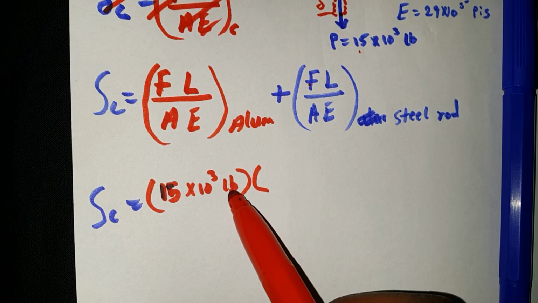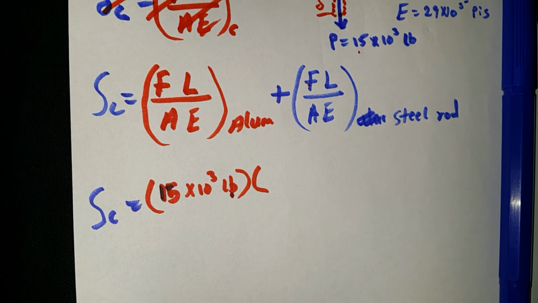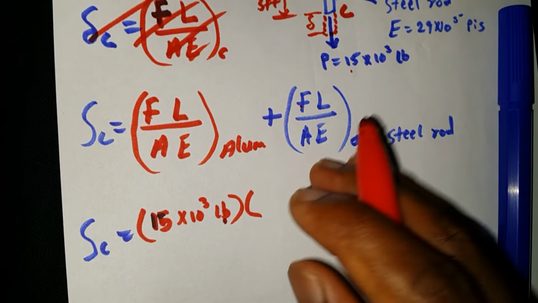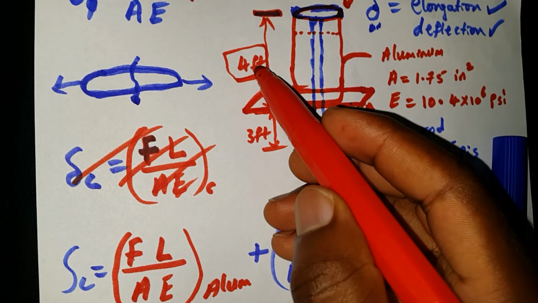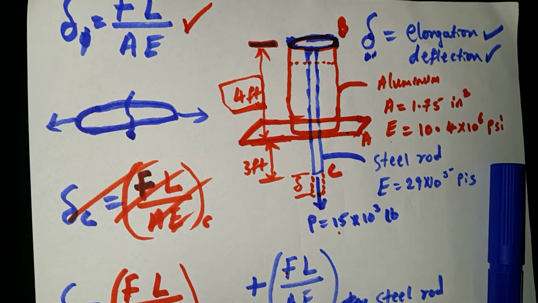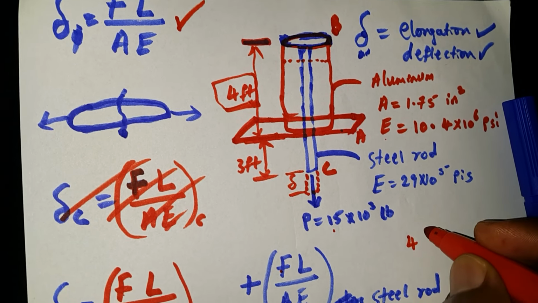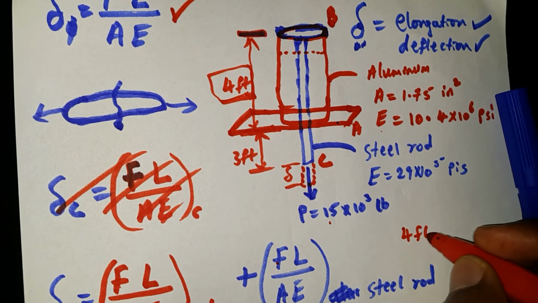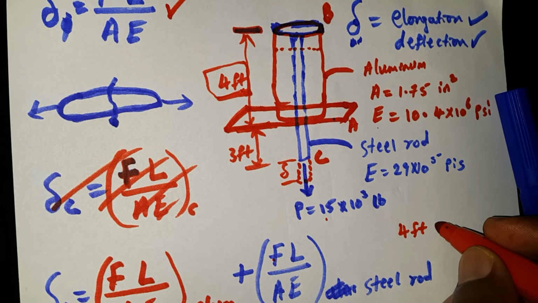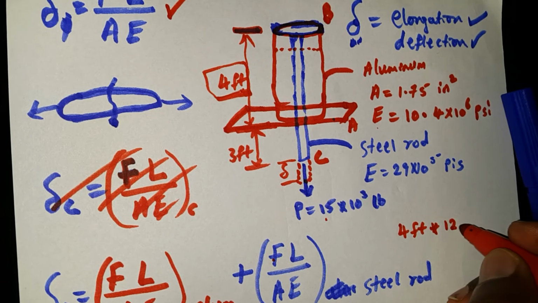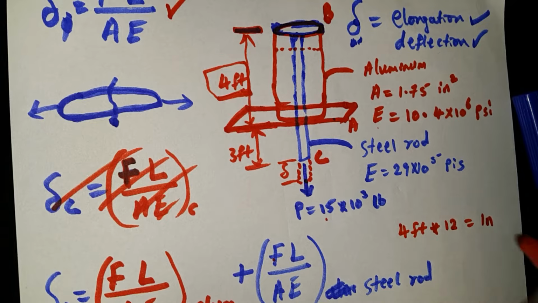We will try to convert it to inch. So if we have 4 feet, we will multiply it by 12 to have it in inch.